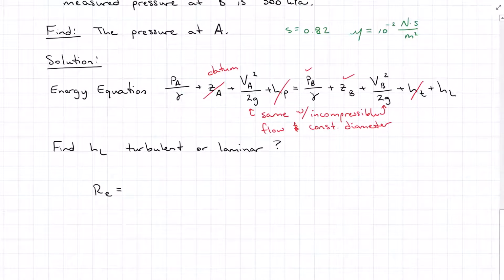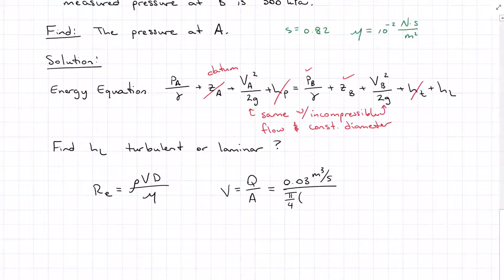We are going to do that with the Reynolds number, rho V D all over mu. Our density we can get with the specific gravity times the density of water. Velocity we can get by taking flow rate and dividing it by the area. So that's going to be the 0.03 meters cubed per second divided by pi over 4 times 0.15 meters squared.